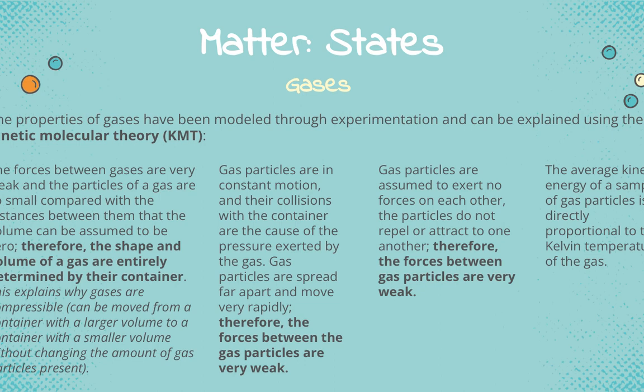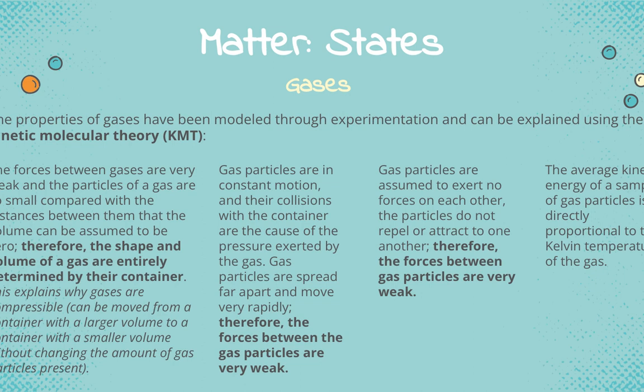Finally, the average kinetic energy of the gas particles is directly proportional to the Kelvin temperature of the gas. The Kelvin scale is something you may not have heard of, and we will get into it later on, but I do want you to think about just temperature, Fahrenheit temperature or Celsius temperature.